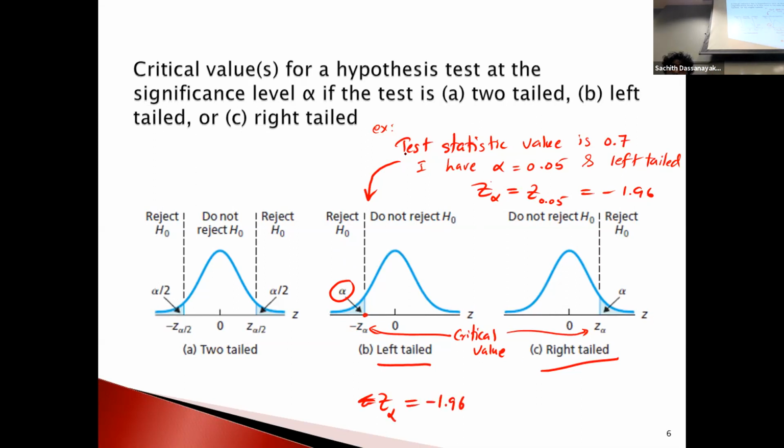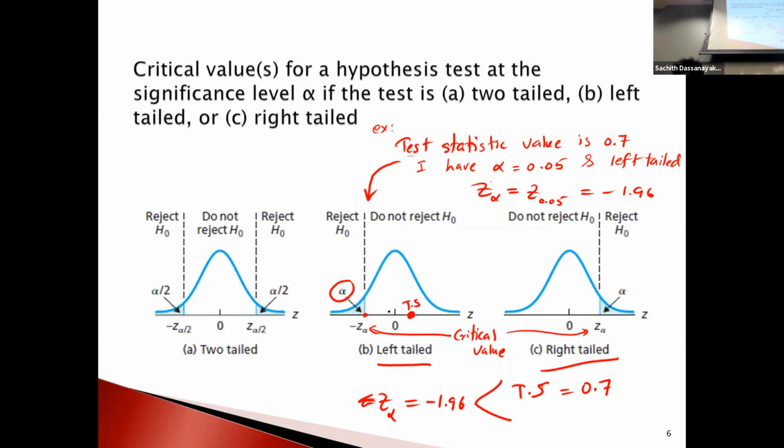Your test statistic value, let me call it TS, is 0.7. So which one is the largest one? TS, the test statistic value, is somewhere here.